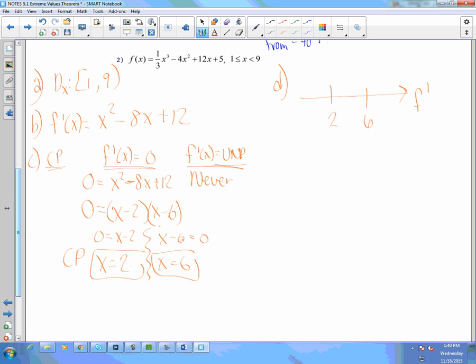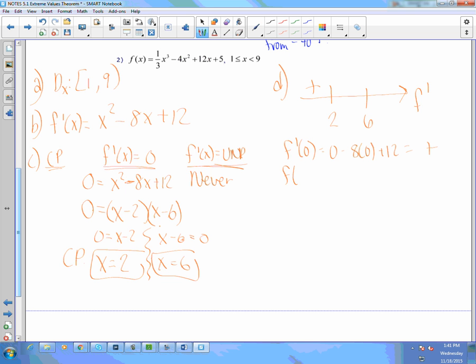Okay, what do you do now? Plug 2 and 6 in? No. Plug other numbers besides 2 and 6 in, right? So let's do 0, you put it into f prime. You plug in 0, and you get what sign? Because that's all we care about is the sign.